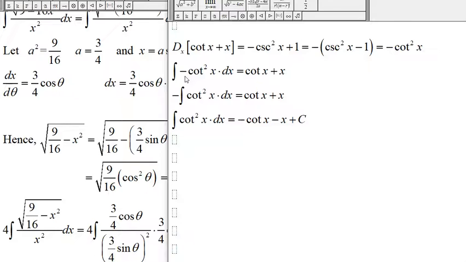We can move the negative sign and place it in front of the integral, and then multiply both sides by negative 1. Then we get integral of cotangent squared of x is negative cotangent of x minus x. So the antiderivative of cotangent squared of x is negative cotangent of x minus x.